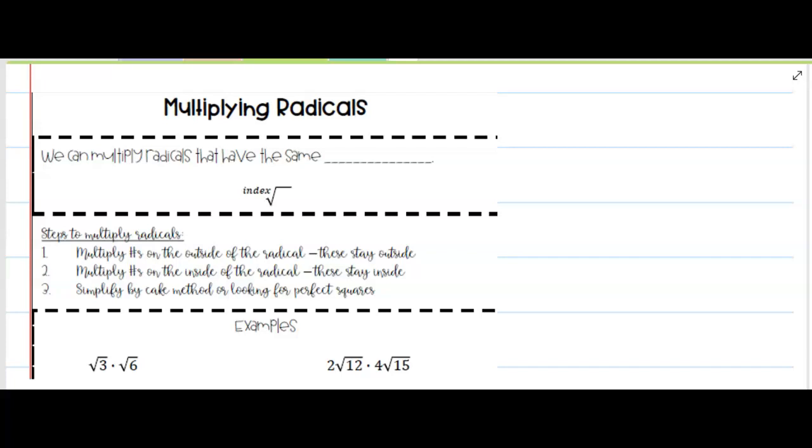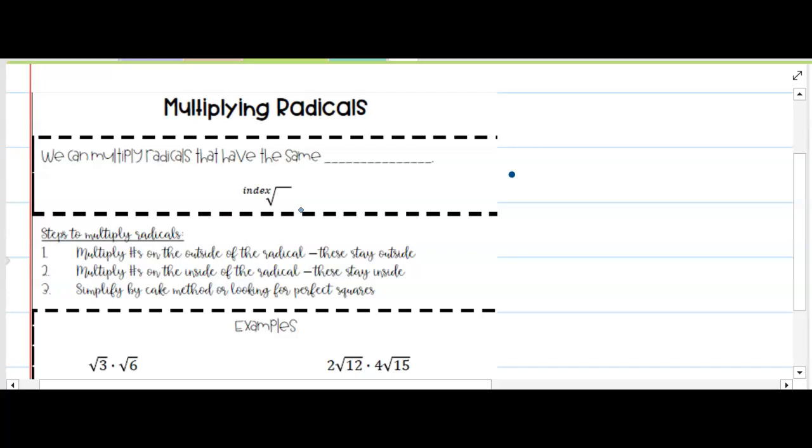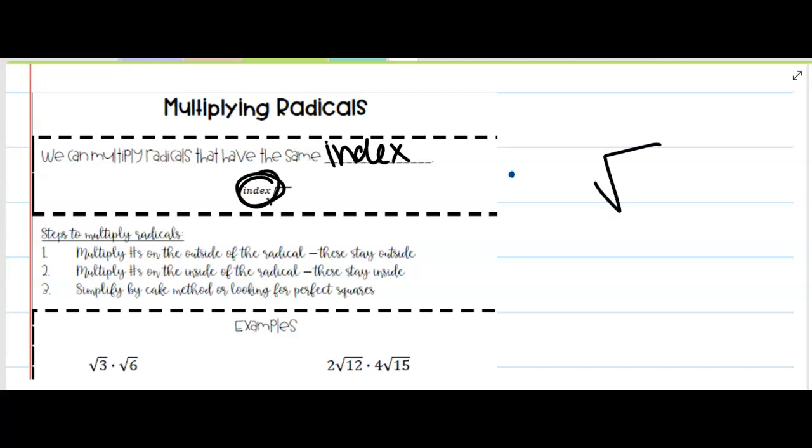So to get started, the good news is it is basically the same thing we did yesterday with one extra step in the beginning. First thing, whenever we're talking about multiplying radicals, we can multiply radicals that have the same index. The index is the number that's in front of the radical sign.